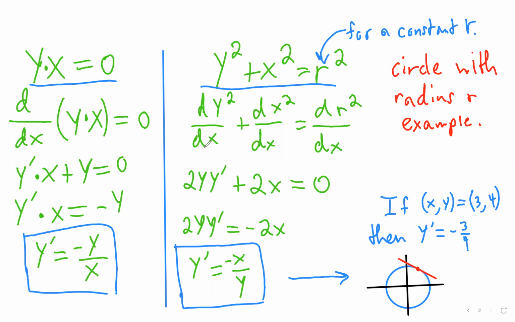And so that's why we have this 2y y prime as our first term after doing differentiation with respect to x of y squared. Now, if we look at x squared and we do differentiation with respect to x, we're going to get 2x. If we're doing the derivative with respect to x, we just do it like we normally would for a normal function.